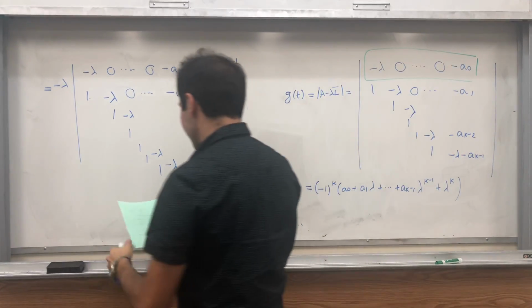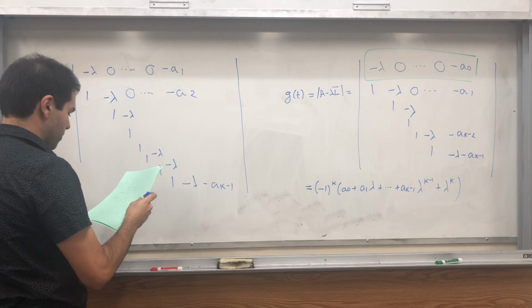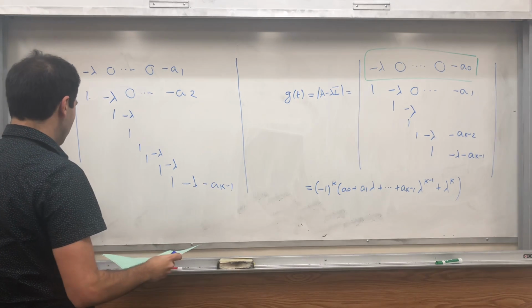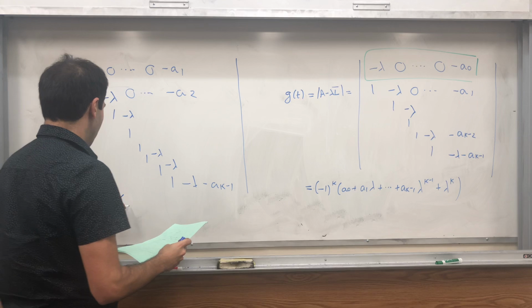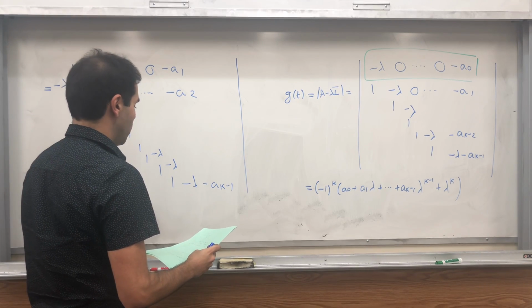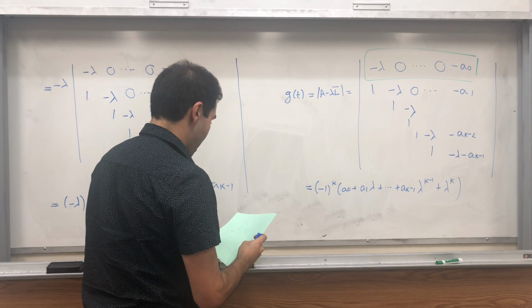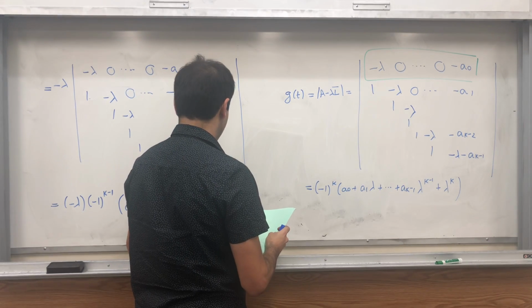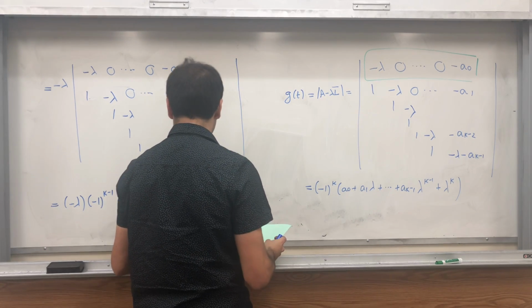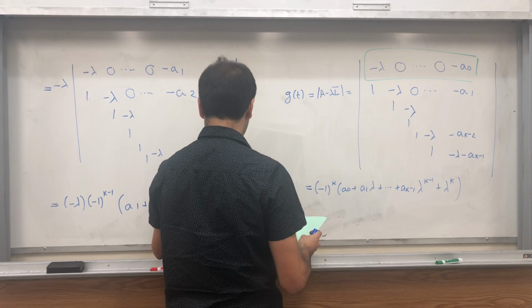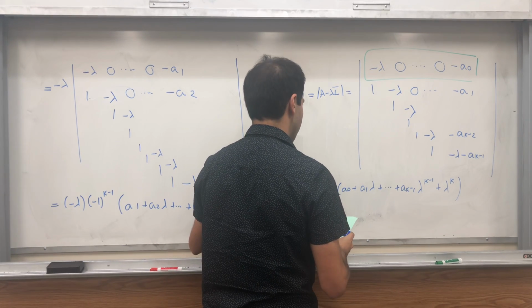So by the induction hypothesis, this is minus lambda times (-1)^{k-1} of (a1 + a2 lambda + ... + a_{k-1} lambda^{k-2} + lambda^{k-1}).